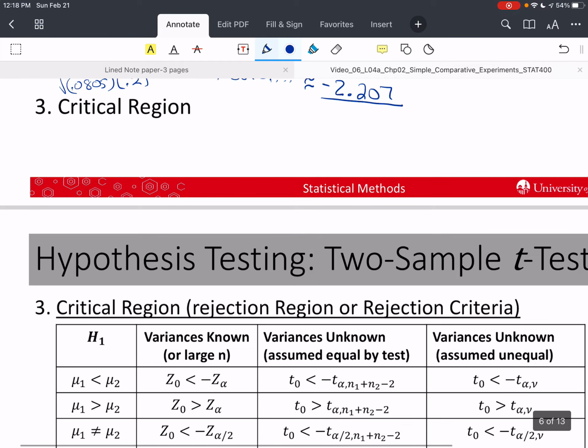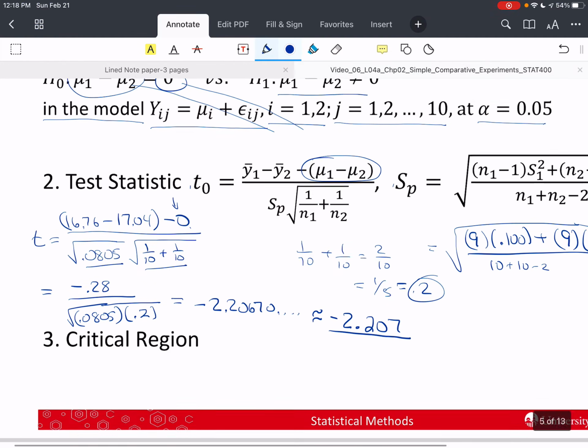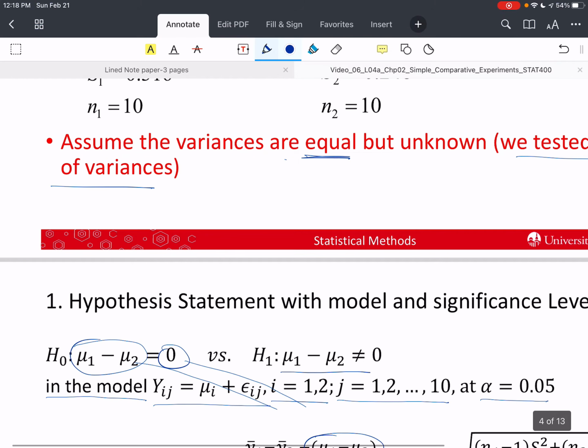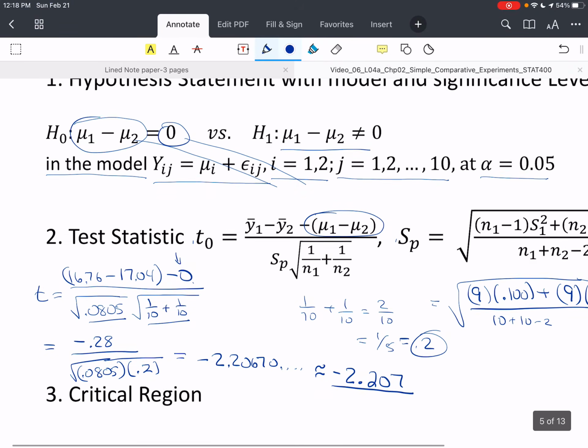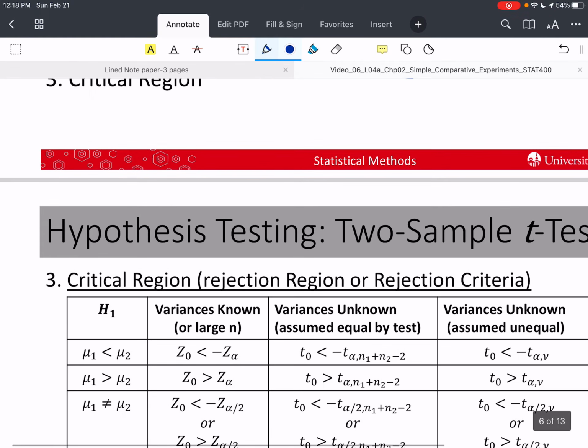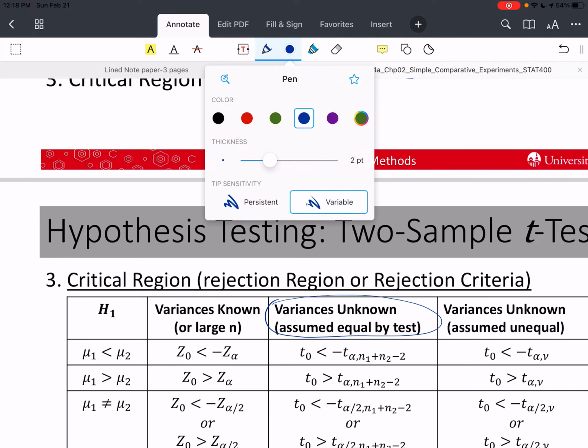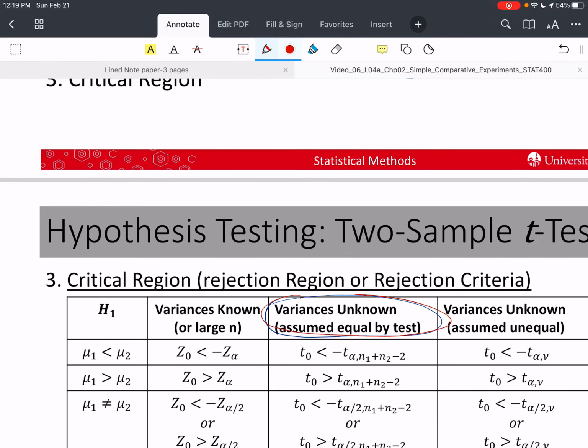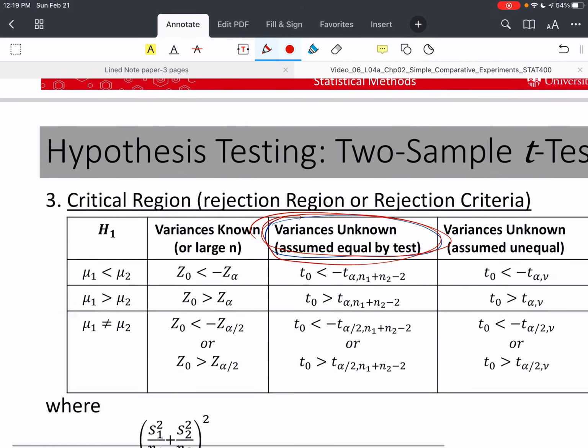Now I need my critical region. So I have put the critical region here, and we are in the case where we do not know the variances, but they are equal. So variance is unknown, assumed equal by testing. Let me change the color. Maybe that will help.